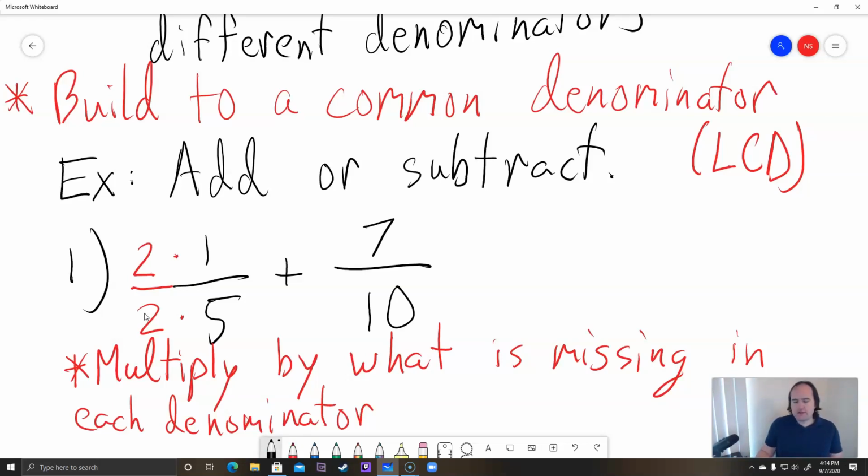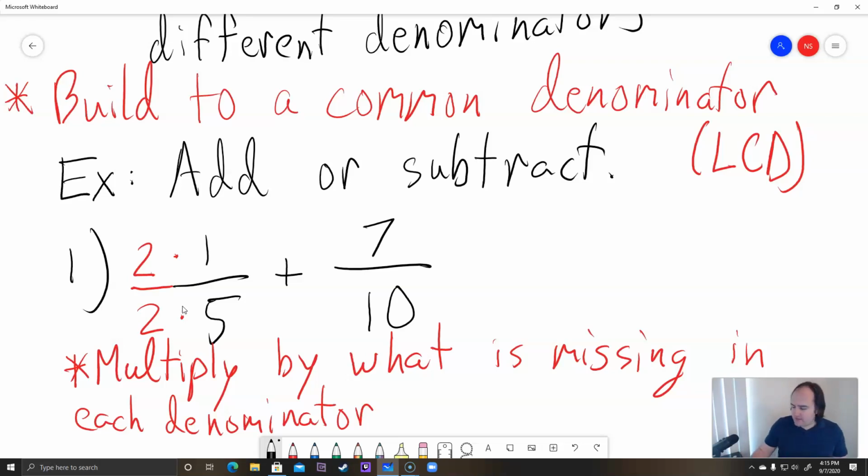And the reason for that is otherwise you'd be changing the fraction, which you're not allowed to do. So I saw that I was missing a 2 on the bottom because 2 times 5 is 10. So I multiplied the top and the bottom of the first fraction by 2. Okay, and as always, you multiply straight across.